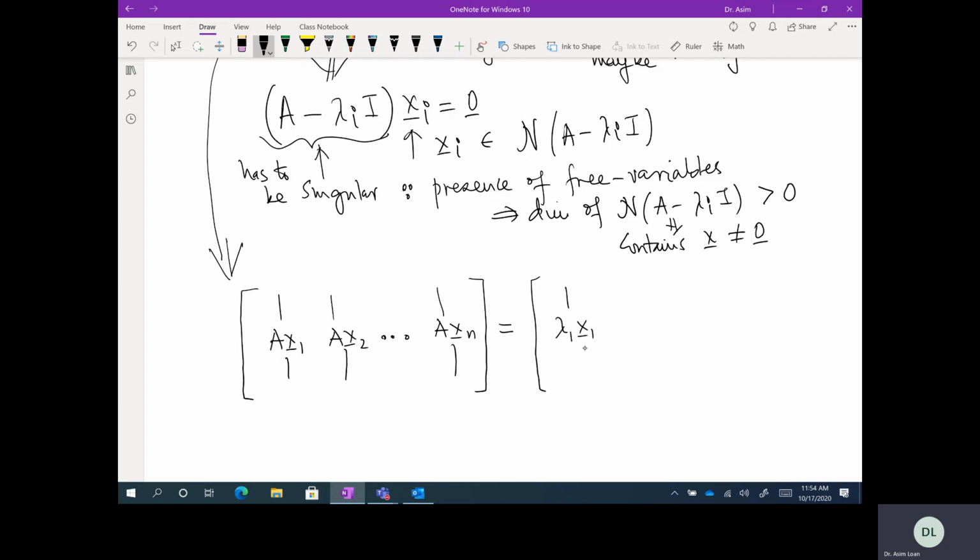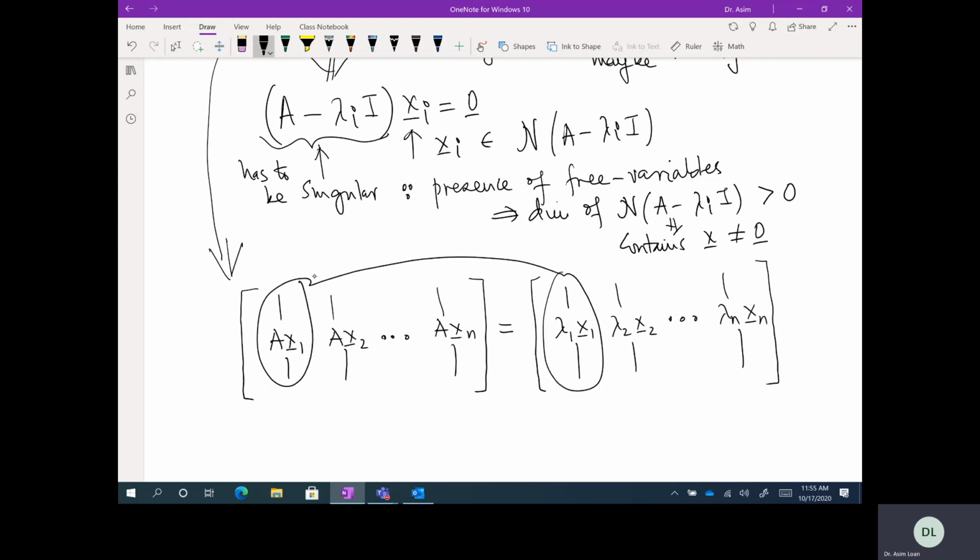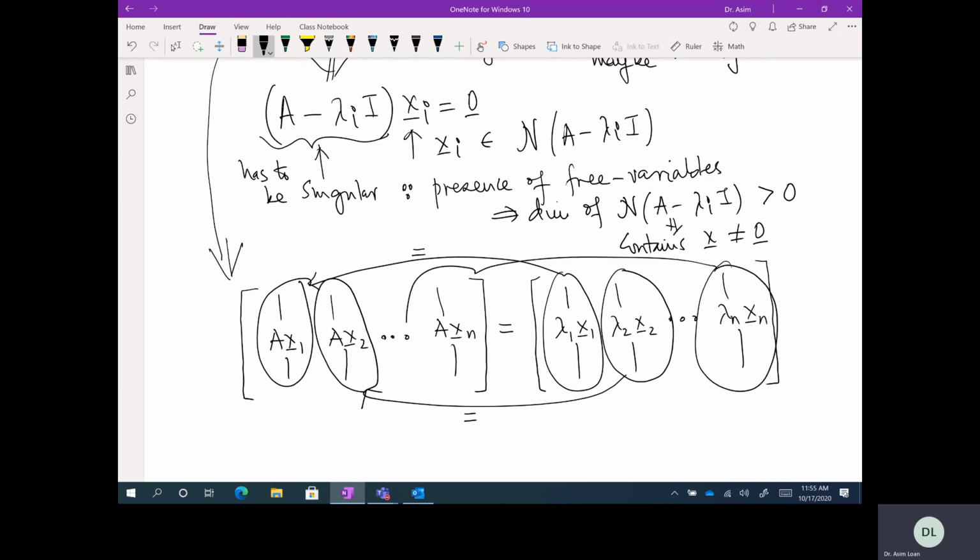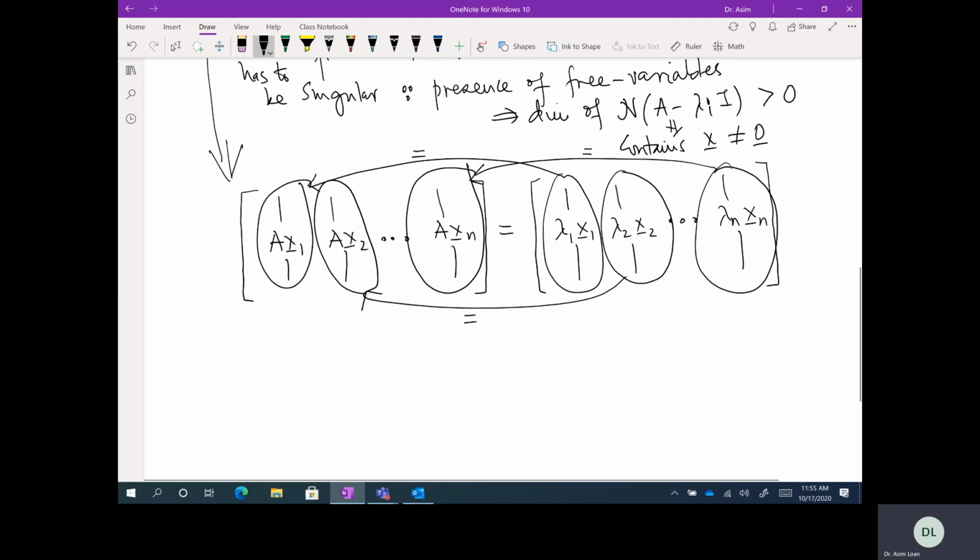So this is lambda 1 x1, lambda 2 x2, and so on, lambda n xn. So this column is equal to this column, and this column is equal to this column. Right? Okay. If this is the case, then obviously we know from chapter 1.